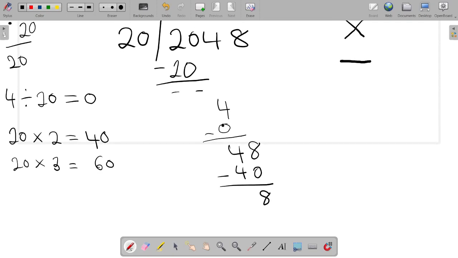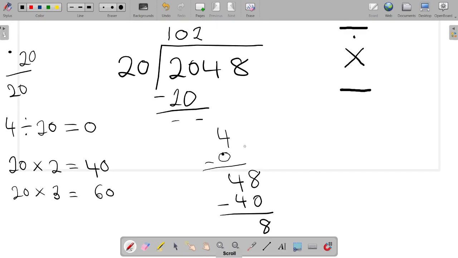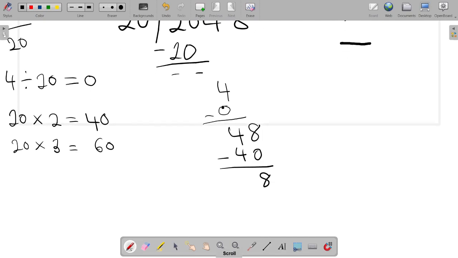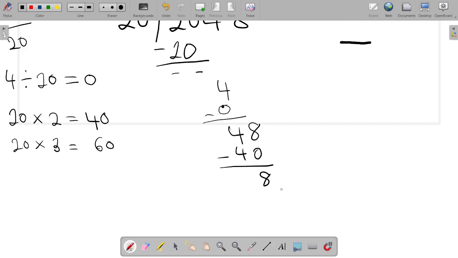So find out how many times 20 can fit into 8. It's not possible, but this time you will not write any 0 on the bracket, because this is the last digit and we are now moving into a decimal. So what you do here is increase this 8 by adding 0 to the 8.